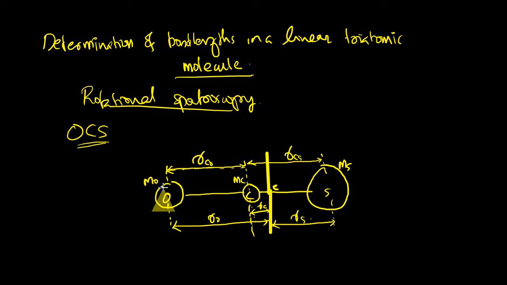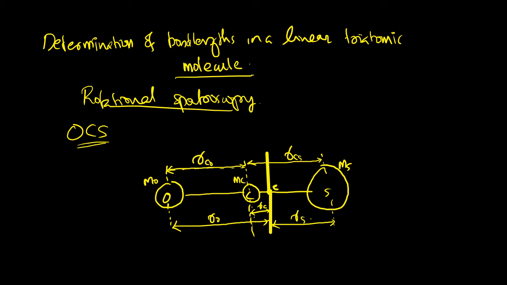So the product of MO into RO, plus the product of MC and RC, is equal to the product of MS and RS. That is the equation describing the center of gravity.